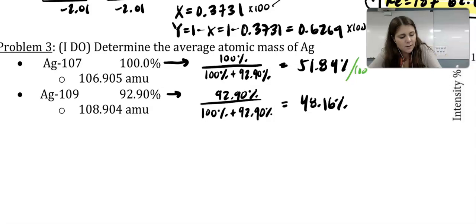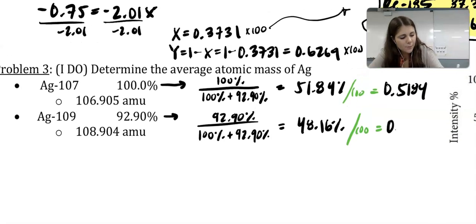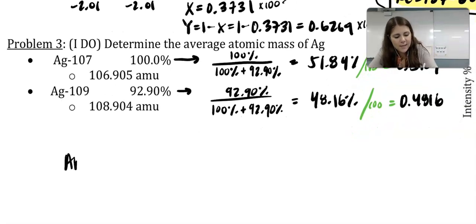Next, I'm just going to get this out of the way and divide by 100 to get my relative abundance, 0.5184 and 0.4816. Okay. Next, now I can finally do the plugging everything into my equation.